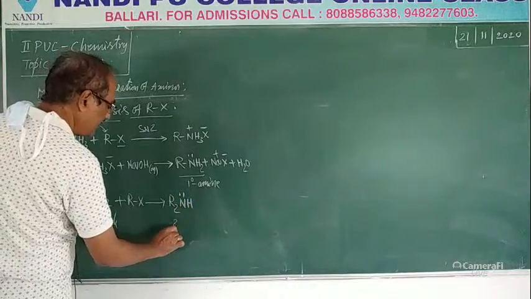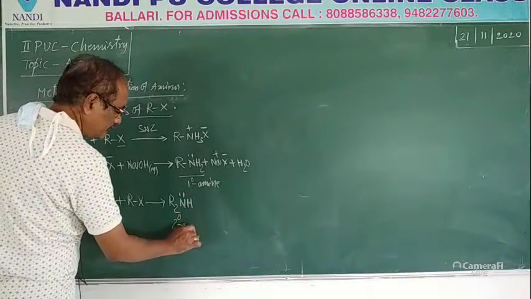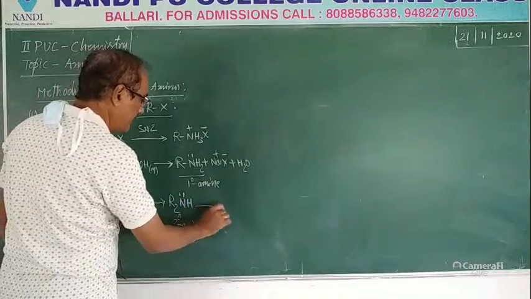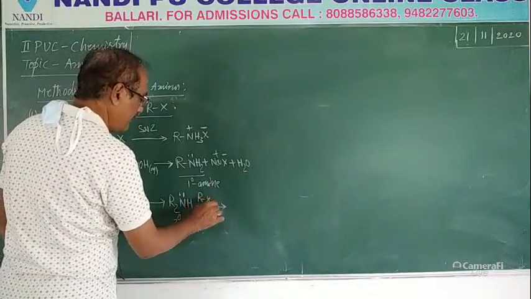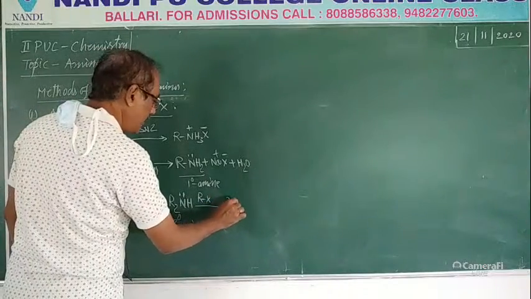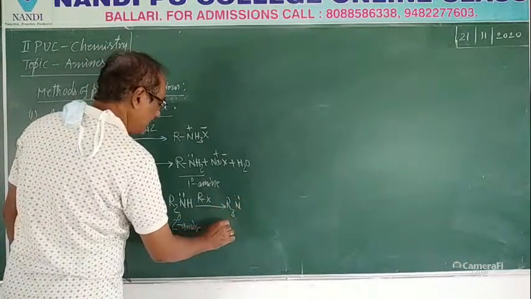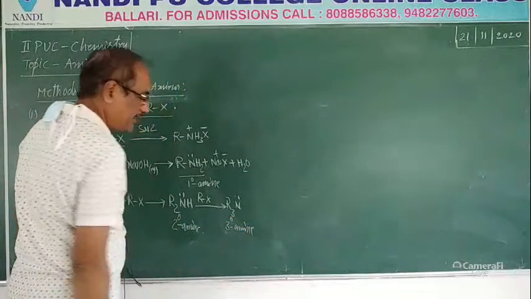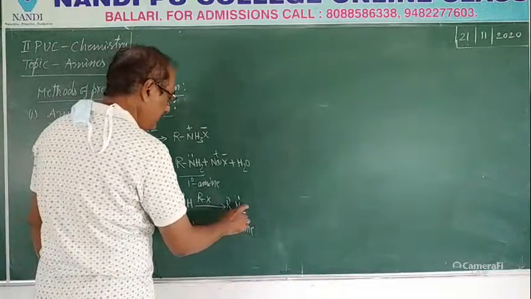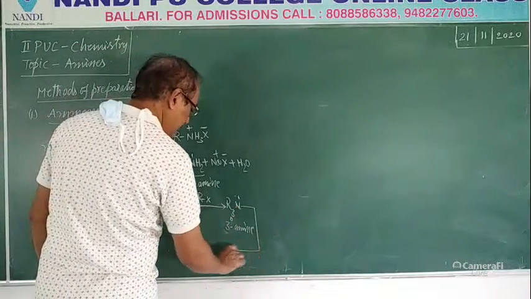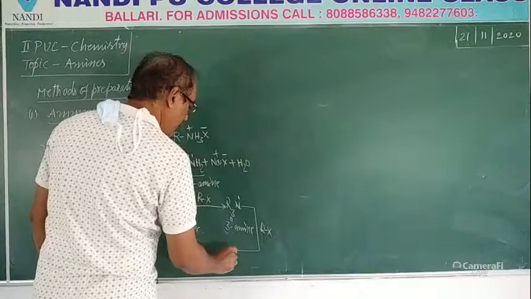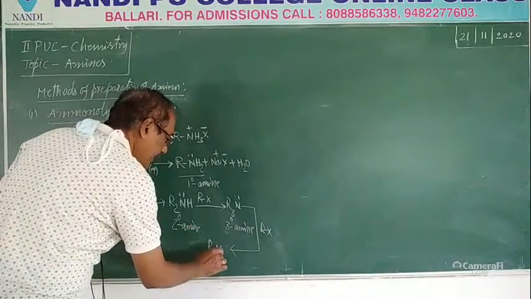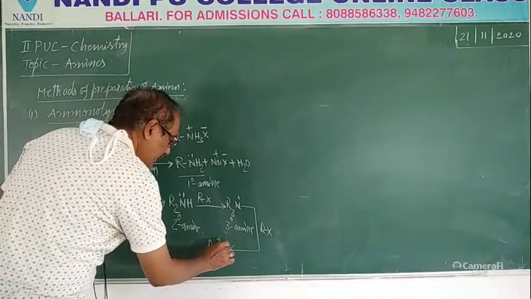R2NH. This is a secondary amine. Again this acts as a nucleophile, so it combines with another alkyl halide, giving R3N. This is a tertiary amine. Again this tertiary amine combines with one more molecule and gives R4N+ X-.